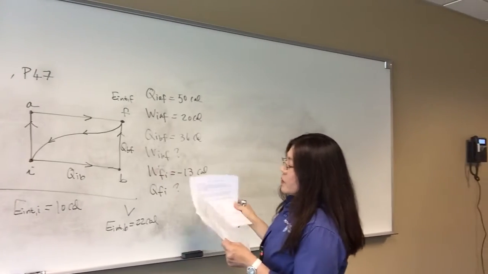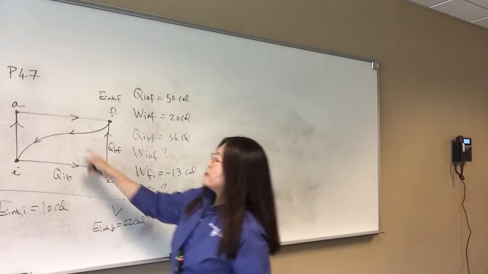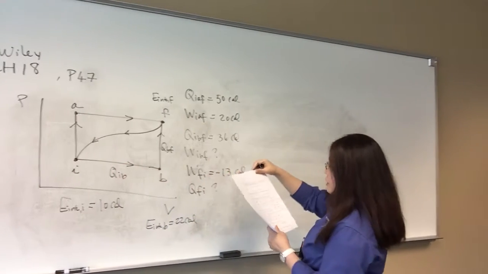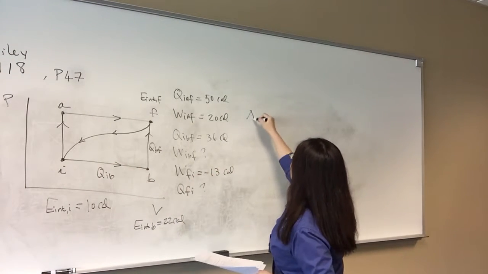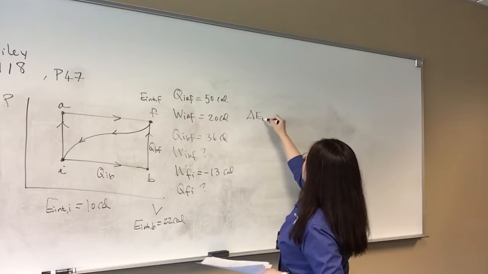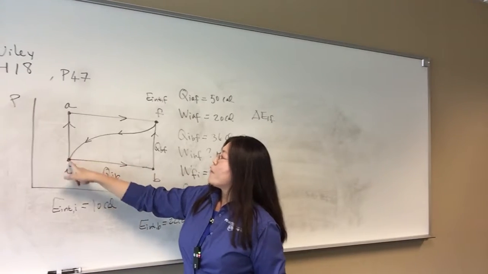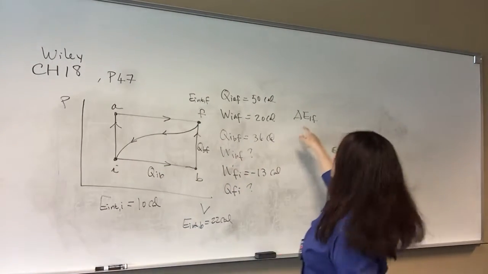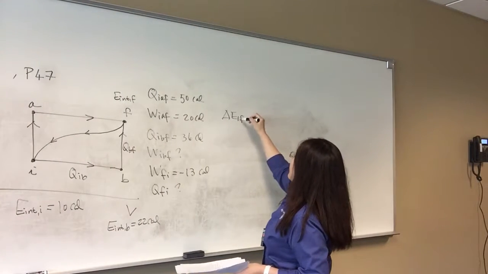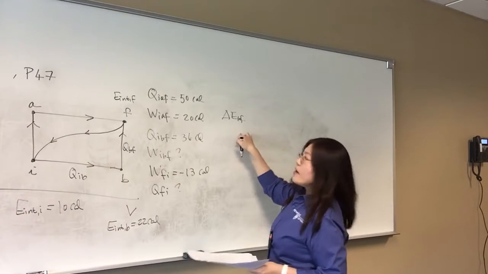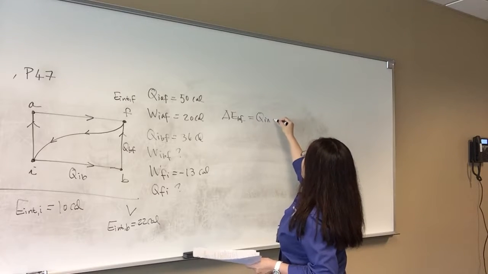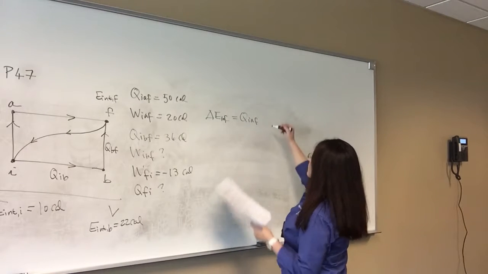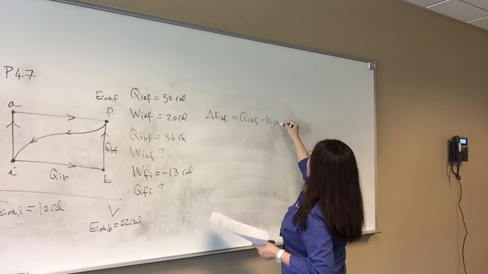So this is a typical problem when you have gases going through these processes. We know that internal energy is a state function, and based on the first law of thermodynamics, we know the change in internal energy. Whether you go from IAF or IBF, you have the same initial and the same final, so the change in internal energy is from I to F. That will be QIAF minus WIAF.